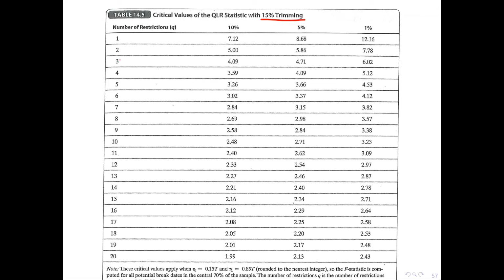For example, with 3 restrictions, the critical value is 4.71. Which means that if you find the maximum F value to be above 4.71, then you know that at least one of the coefficients on the restrictions is different than 0.